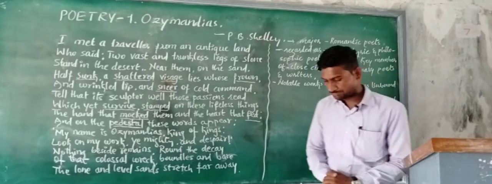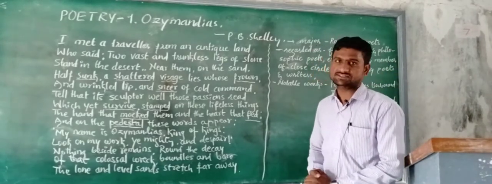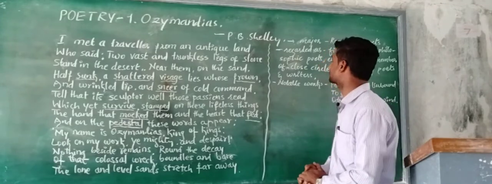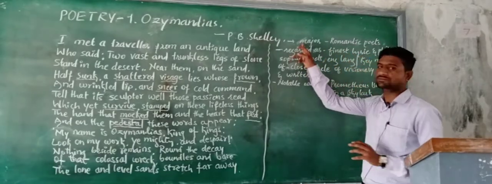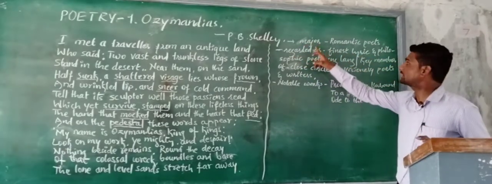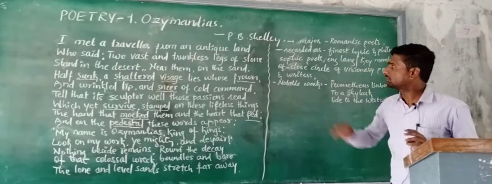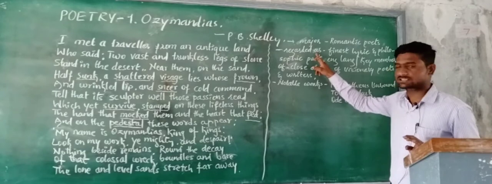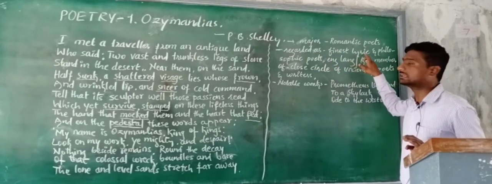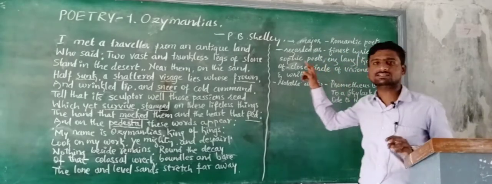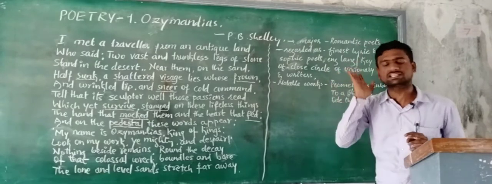The poet P.B. Shelley, Percy Bysshe Shelley, was one of the major English romantic poets, and he was regarded as one of the finest lyric and philosophic poets of the English language.